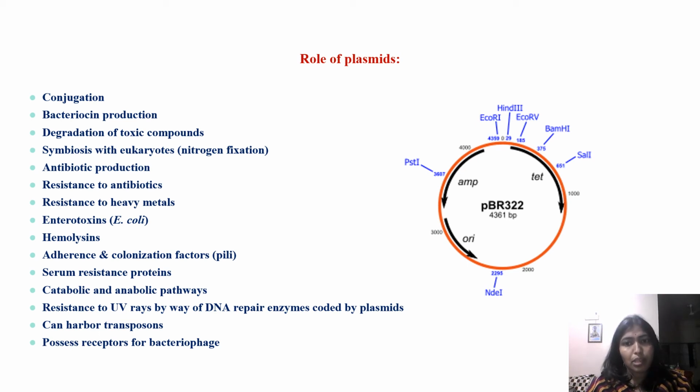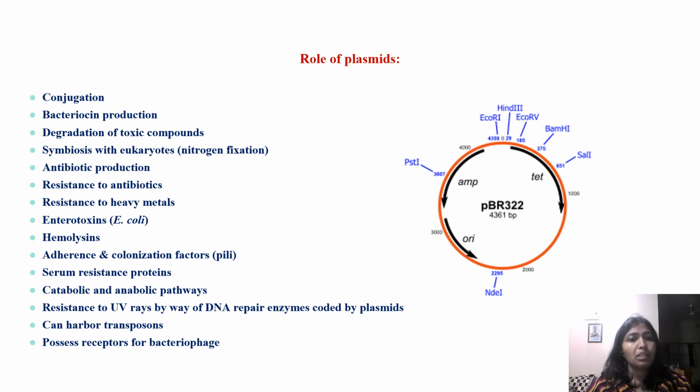This is one type of plasmid, pBR322, and here these are the sites: EcoRI, these are the binding sites, HindIII, BamHI. Then degradation of toxic compounds, symbiosis with eukaryotes, antibiotic production, resistance to antibiotics, resistance to heavy metals, hemolysins in E. coli, adherence and colonization factors, serum resistance protein, catabolic and anabolic pathways, resistance to UV by way of a DNA repair enzyme coded by plasmid, then transposons, a gene reservoir for bacteria. So these are the many different roles of plasmids.